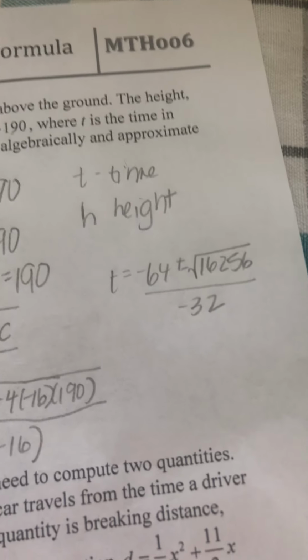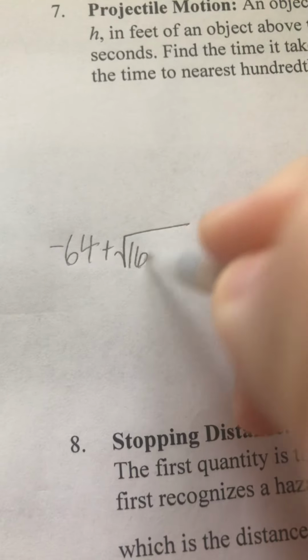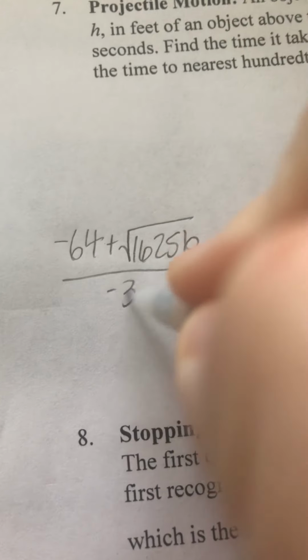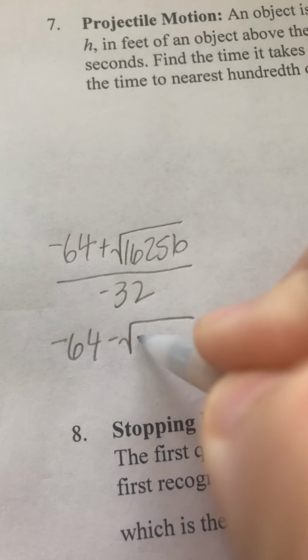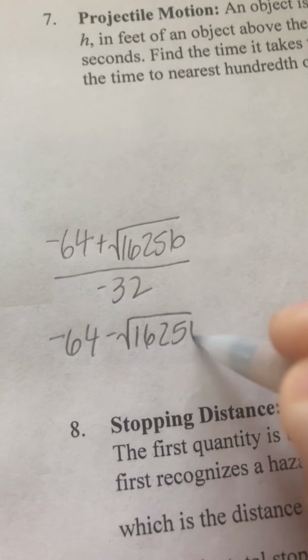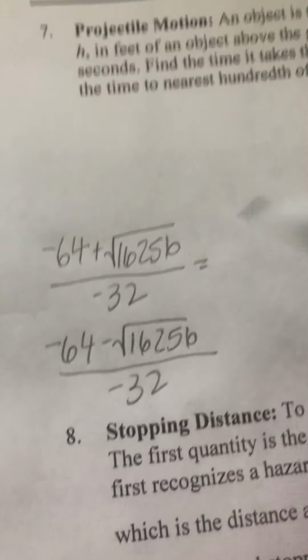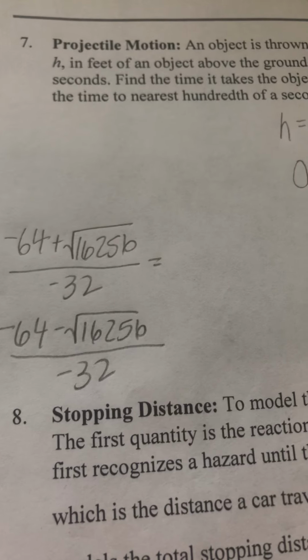So you need to look at 2 scenarios. I need to move over here. So negative 64 plus root, and then look at the minus version. Okay, so let's pop these in the calculator and let's look at what they look like.